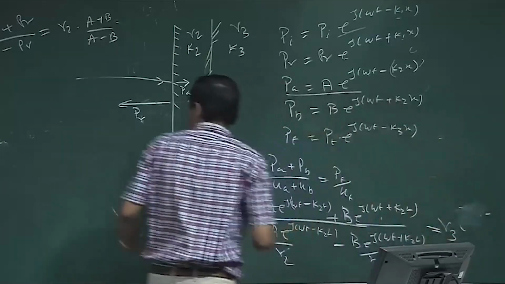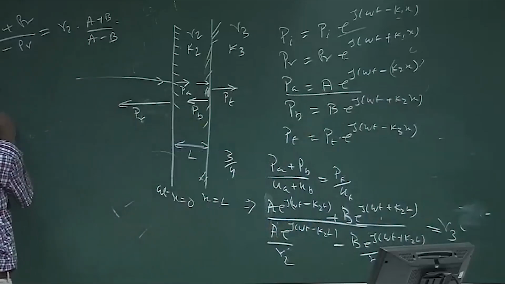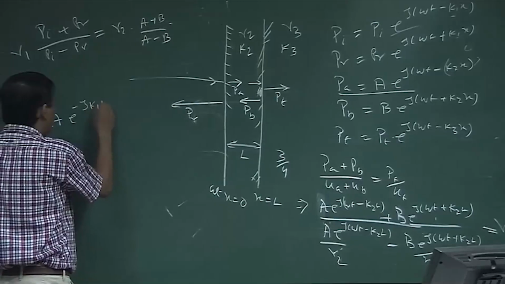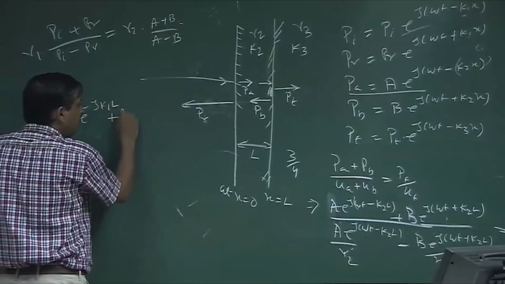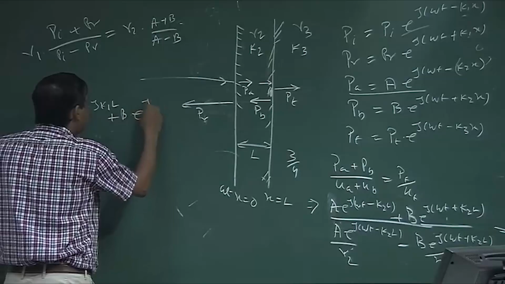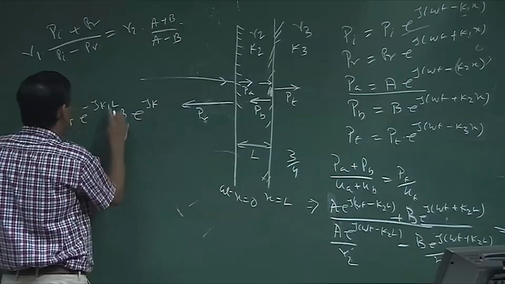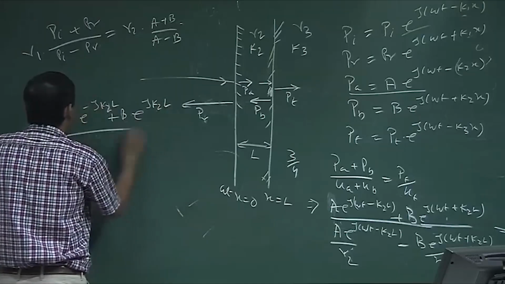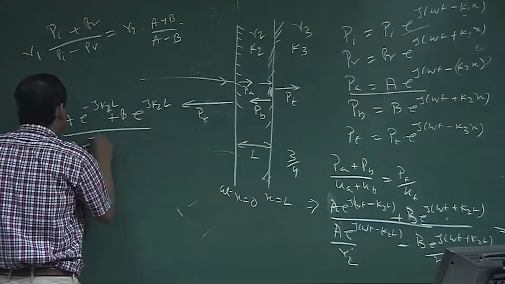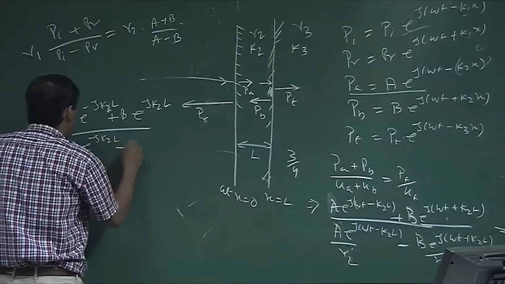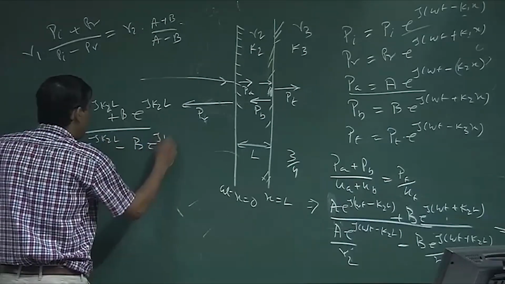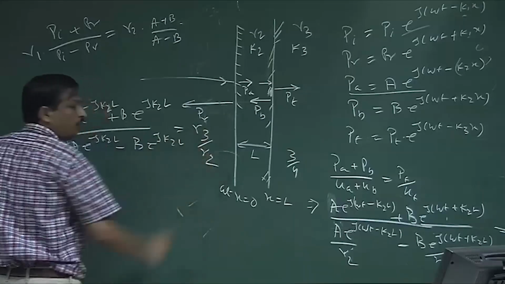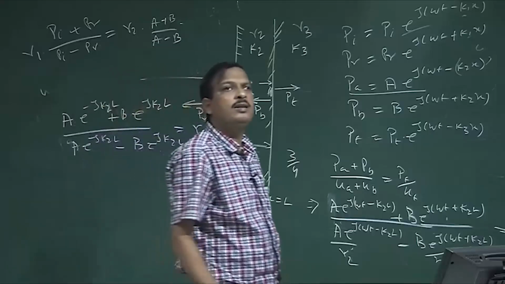Now what will I get? I get A into e to the power minus j k2L plus B into e to the power plus j k2L, divided by A e to the power minus j k2L minus B e to the power j k2L, is equal to R3 by R2.